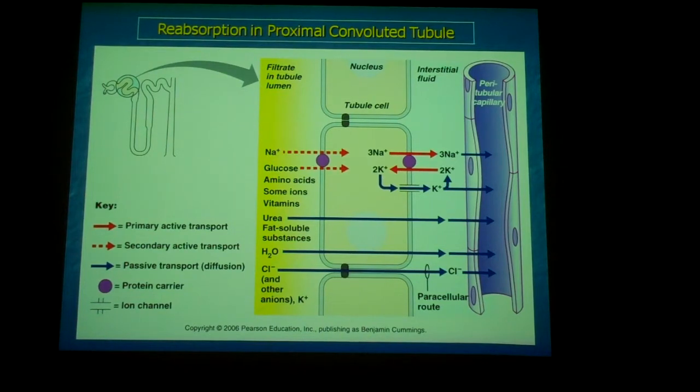Notice our little key here says that we require energy for this. This is active transport. It requires ATP. This over here is secondary active transport. See the dotted line? It doesn't require ATP. This means that some energy is required, but it's a spin-off of this energy right here. So the movement of glucose into cells does take some energy.